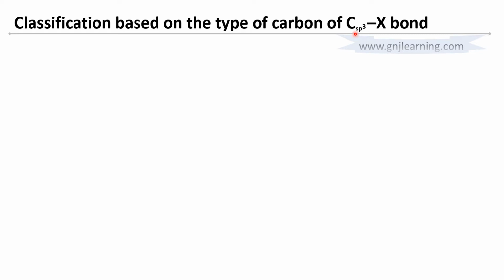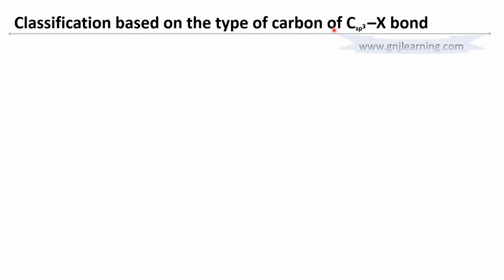We have seen in the introduction part how to classify this sp3 hybridized carbon, and based on the carbon onto which this X is attached, we can classify haloalkanes and haloarenes.